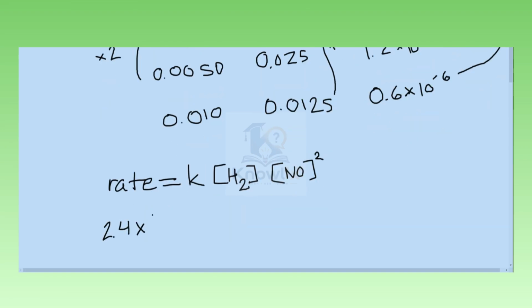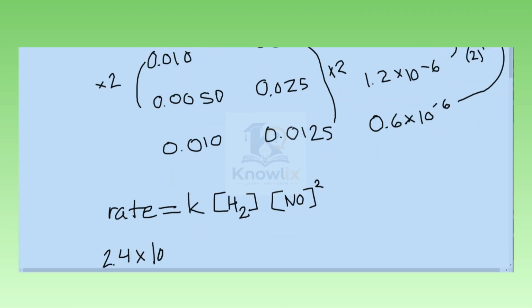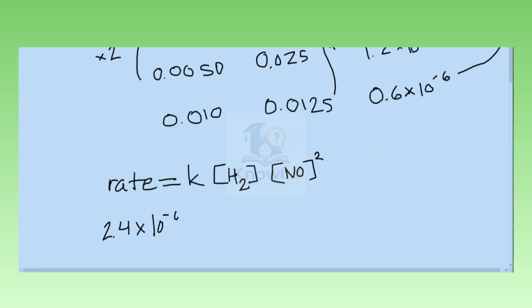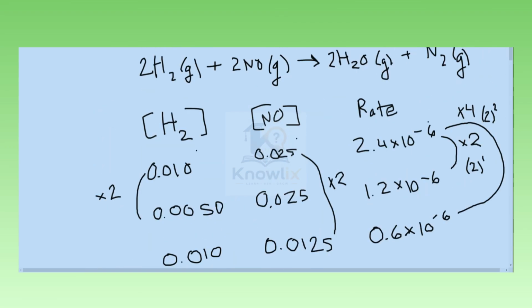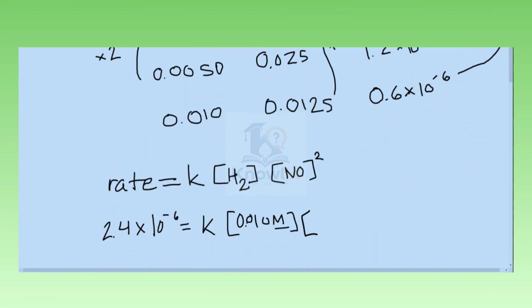So 2.4 times 10 to the negative 6 is equal to the rate constant, times 0.010 molarity for hydrogen. Nitrogen monoxide is 0.025 molarity, and it's squared.